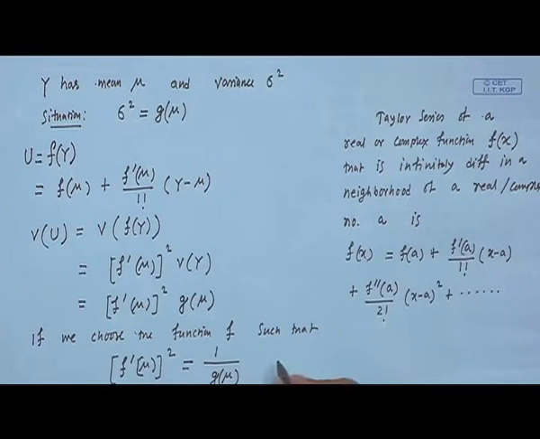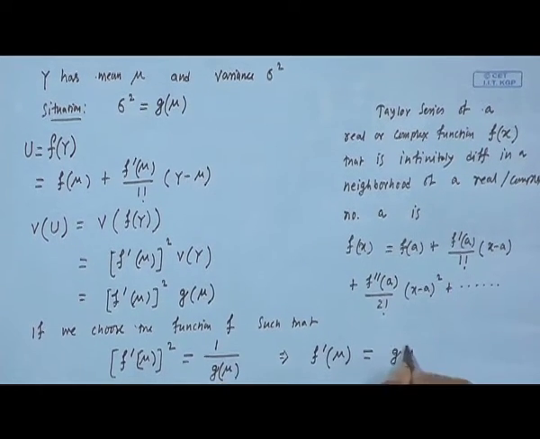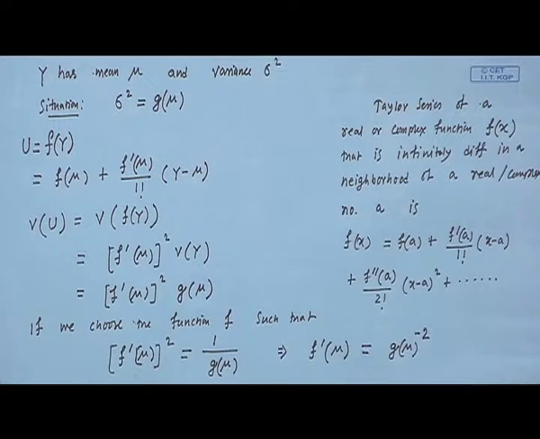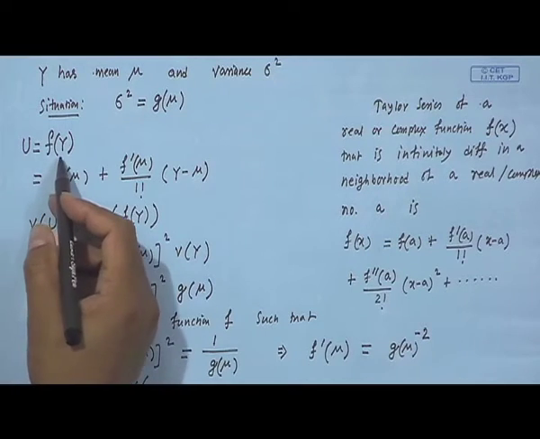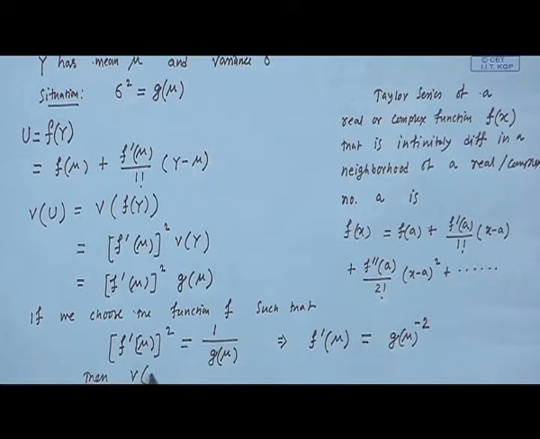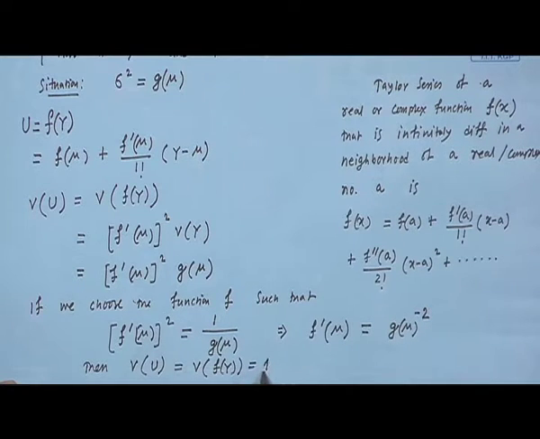This is equivalent to f prime(mu) equal to g(mu) to the power of minus half. If you can find a function f such that f prime(mu) is equal to this, because g(mu) is given, then you are looking for a transformation of y such that f(y) has constant variance, and the variance of u, which is nothing but the variance of f(y), is equal to 1.